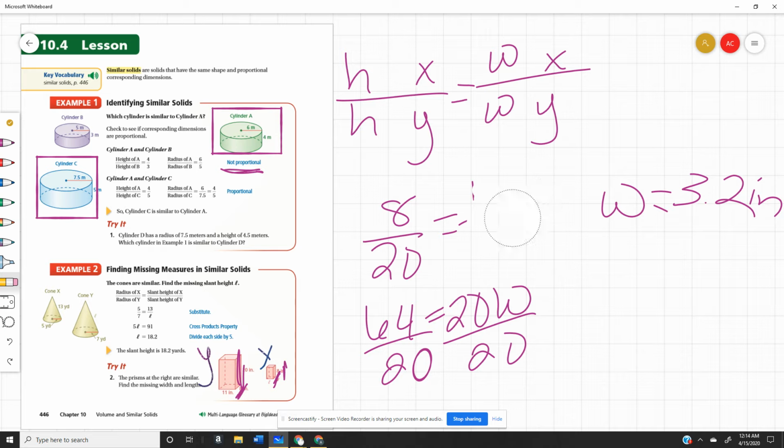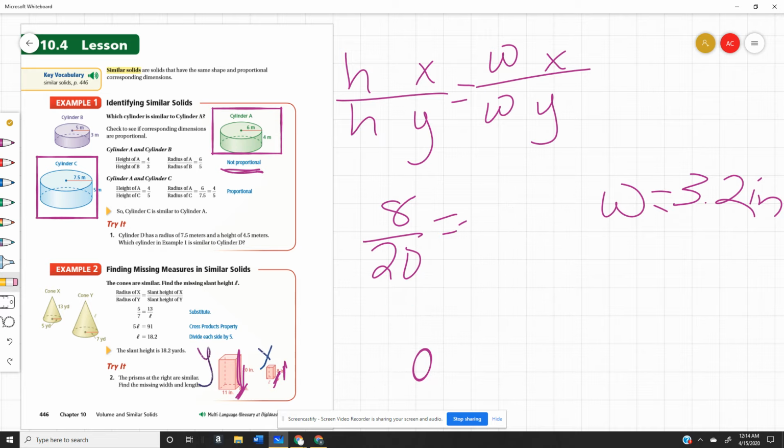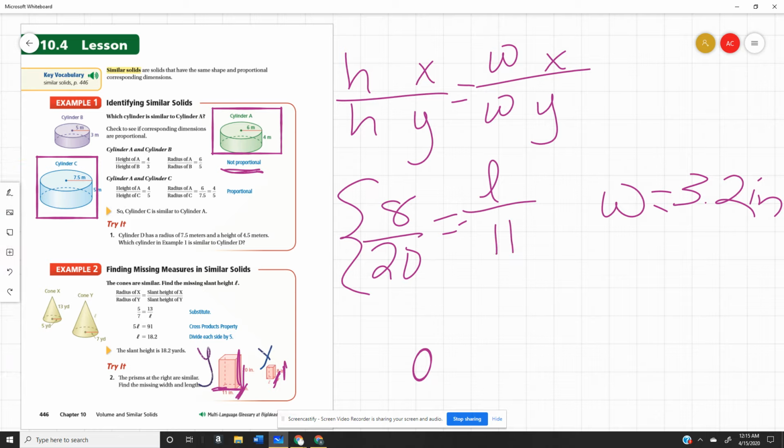All I have to do is replace this part right here because we're going to use this same ratio, the same proportional relationship right there. So this time all I'm going to say is length of X, I don't know, but length of Y is 11. Okay?